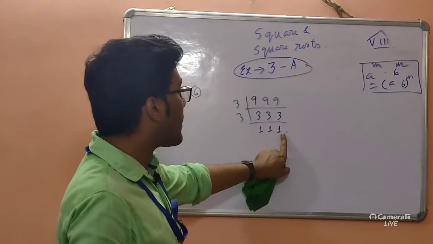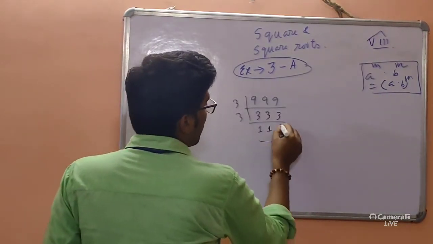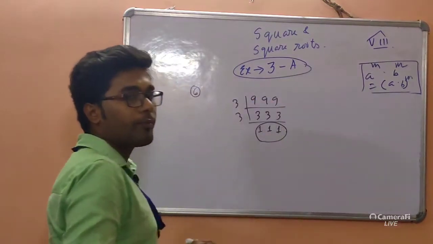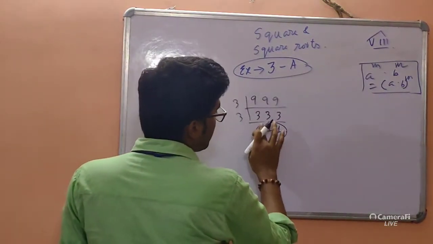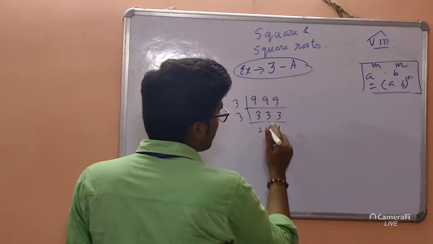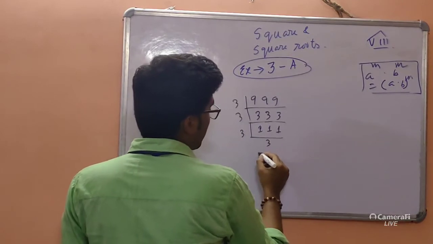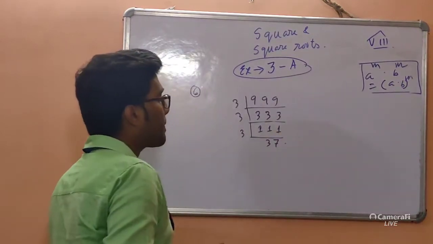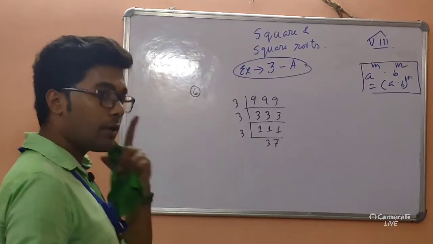So therefore we are not coming to any conclusion because we cannot move from there. Can I? It is divisible by 3 though. So let us do one more. So now 37.